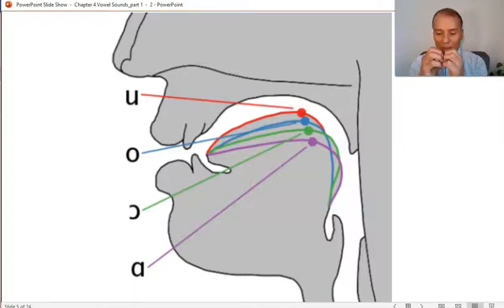It means it requires more muscular tension, or is it lax? Usually lax sounds are shorter, and sounds that are tense are longer.